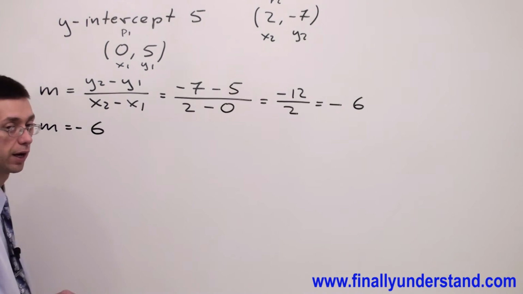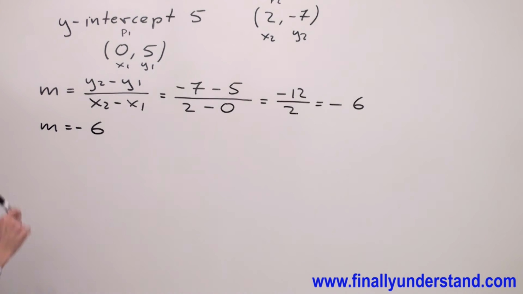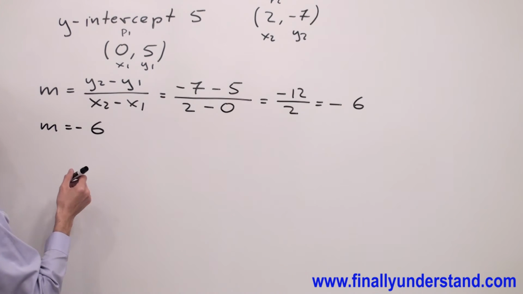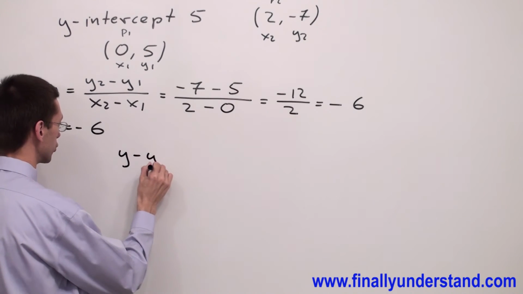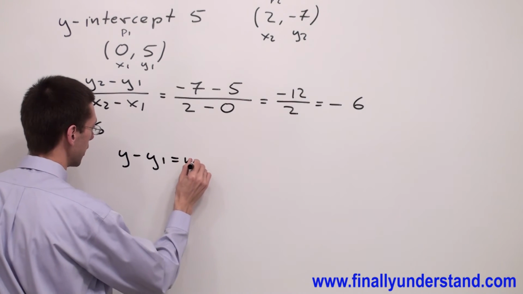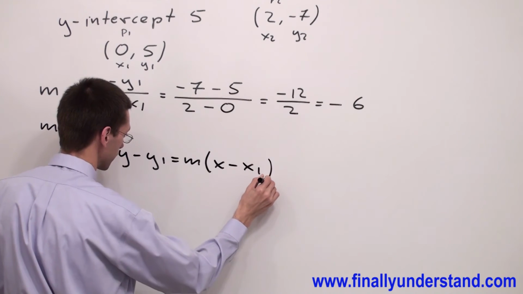In order to find the equation of this line, we're supposed to use point-slope form, okay, which looks like y minus y1 is equal to m(x minus x1).